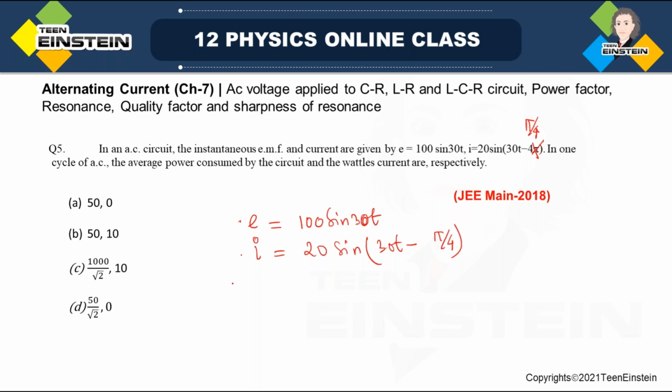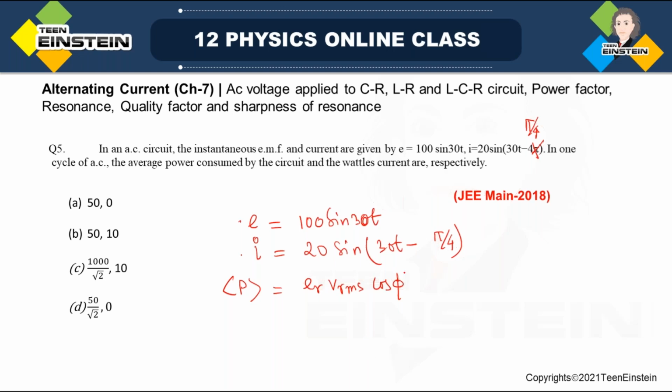See, the average power is written as ERMS, IRMS into cos of phi. What is this phi?